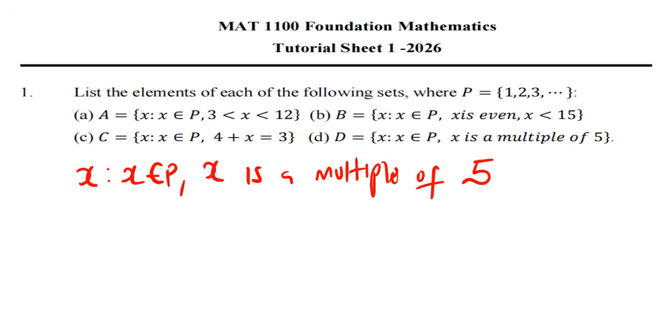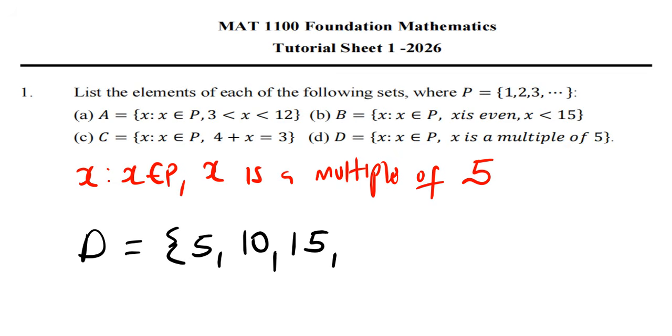So D will be equal to, we start from 5 itself, then 10, 15, those numbers that 5 can go into, 20, 25. Since they haven't specified where we're ending, I can just put dots like that. Basically that is how we solve D.